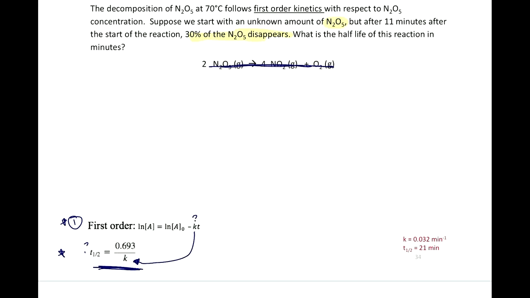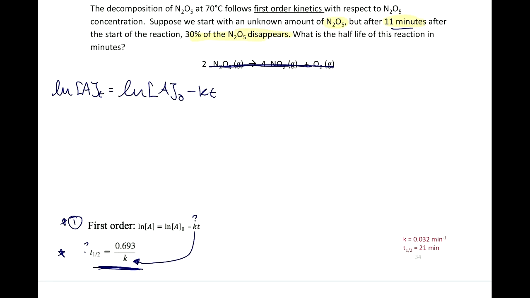So first we're going to use the integrated rate law with the information given. Our integrated rate law: natural log of my stuff after some time equals natural log of what I started with initially minus kt. The information given in this question: after 11 minutes, 30% of your sample disappears.